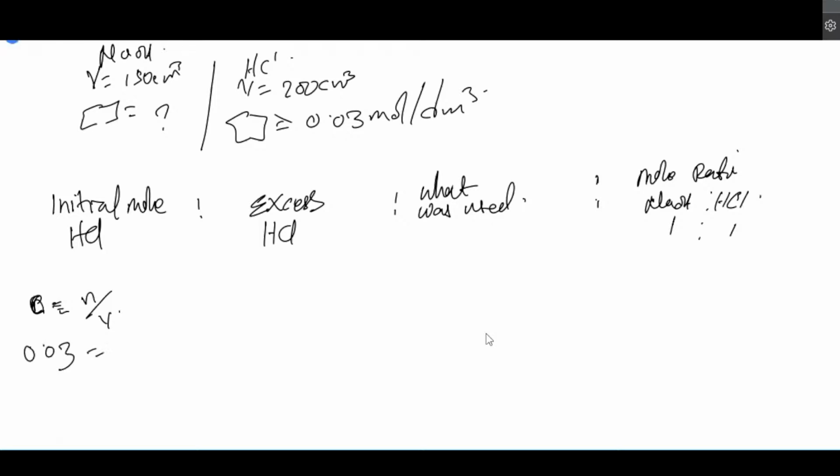0.03 is equal to number of moles, which I don't know, divided by the volume. But remember, this is not in decimeter cubed. So I have to convert this into decimeter cubed by dividing it by 1,000. If I divide it by 1,000, it's going to be 0.2.